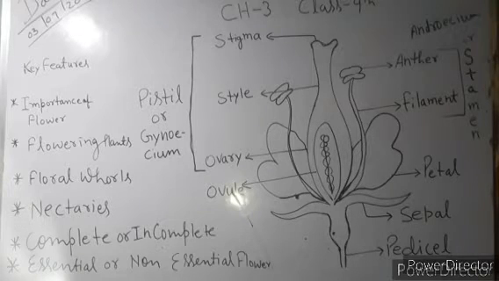Now when we come to the basal part of the flower, there is a holding structure, the swollen or broad stalk, called the pedicel, from where all the floral parts of the flower arise.